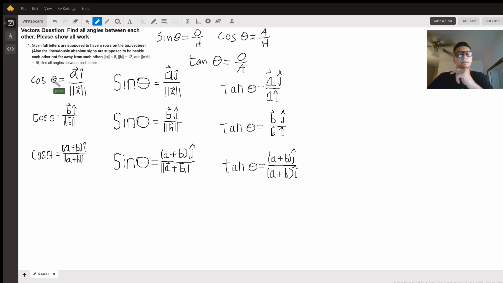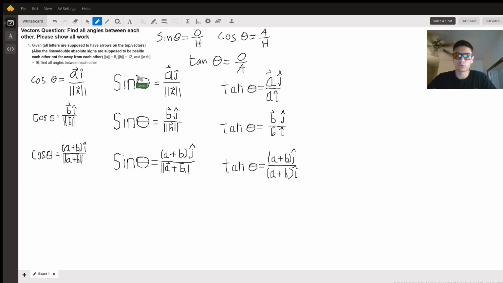Let's say that cosine of that was 30 degrees, or pi over 6, I think. So it would be 30 degrees, and then let's say the sine of this angle right here was 60 degrees. So if you know that one angle is at 30 degrees and one is at 60 degrees, well then you just subtract the degrees and you get the angle between them.